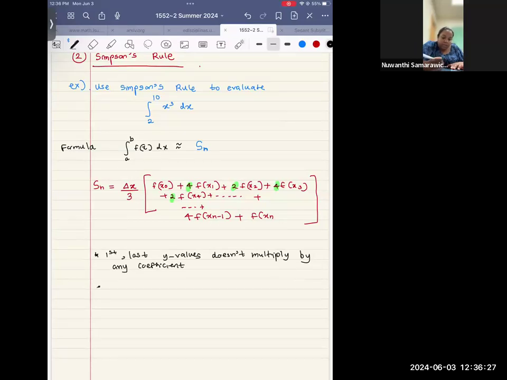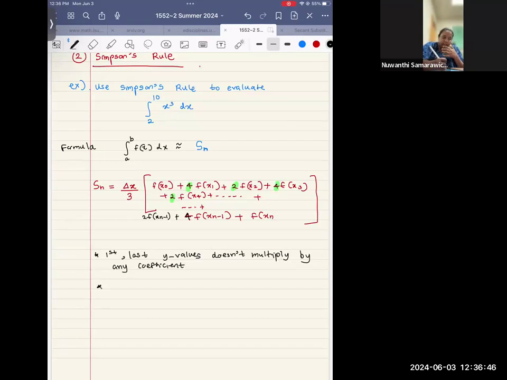And the second to last? Yes, the second to last is 4, and this one before it is again 2. f at x_{n-1}.